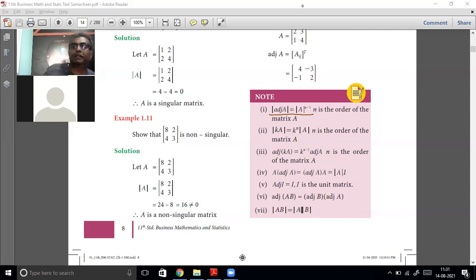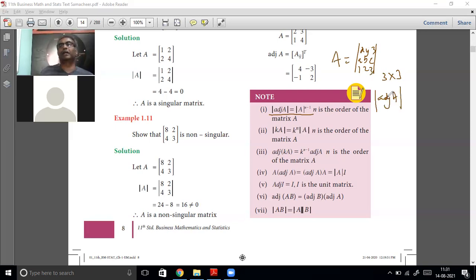Suppose the matrix is a 3 by 3 matrix, with rows X, Y, Z, A, B, C, 1, 2, 3. What it is trying to say is the determinant of the adjoint of A. Now, what is the determinant here? 4 into 2 minus 3 into 1, 8 minus 3, that is equal to 5.